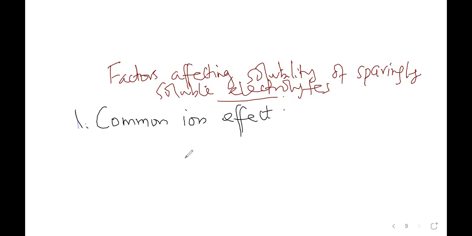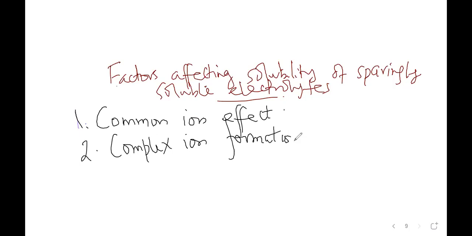That's the first factor that affects solubility of sparingly soluble electrolytes. The next factor, apart from common ion effect, is complex ion formation. Second factor is complex ion formation.